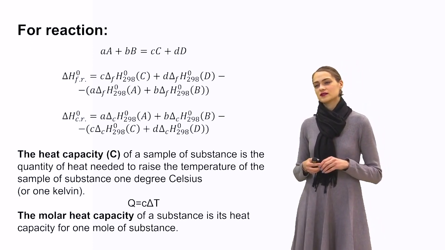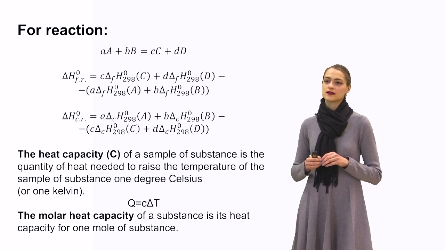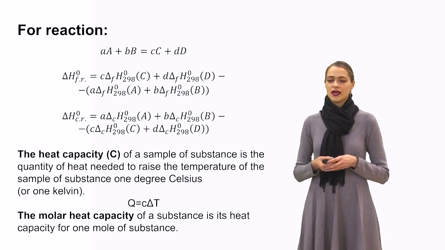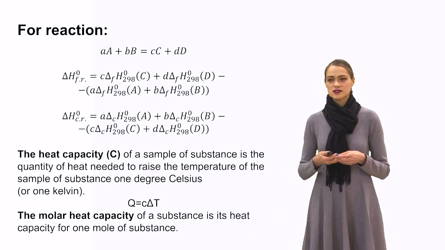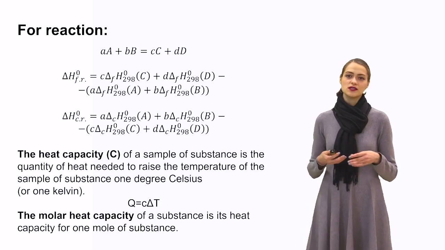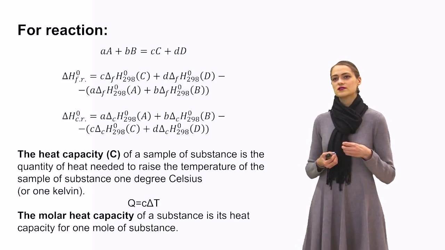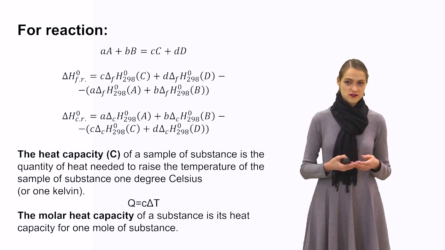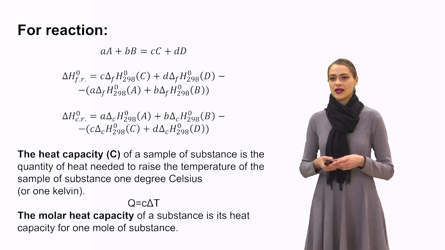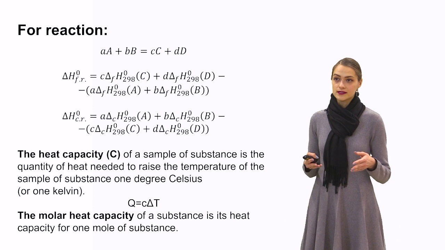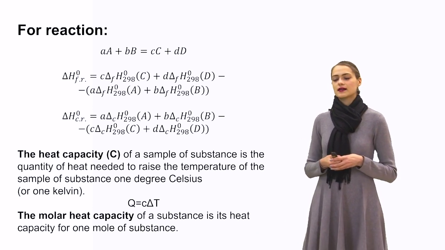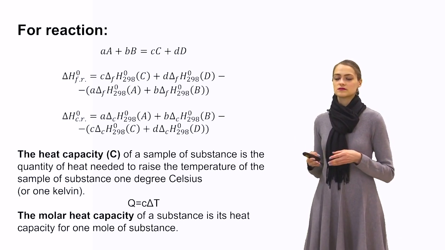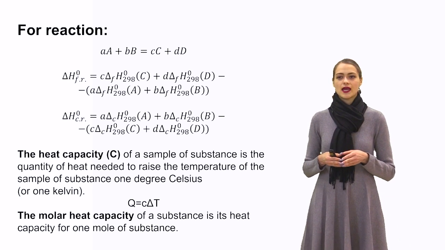Here we need to remind ourselves of a parameter like heat capacity, which you know from school. Heat capacity of a portion of substance is the quantity of heat which we need to increase the temperature of the substance by 1 degree Celsius or Kelvin. And in this situation, we can calculate the heat of the system as the product of heat capacity and the change of temperature.